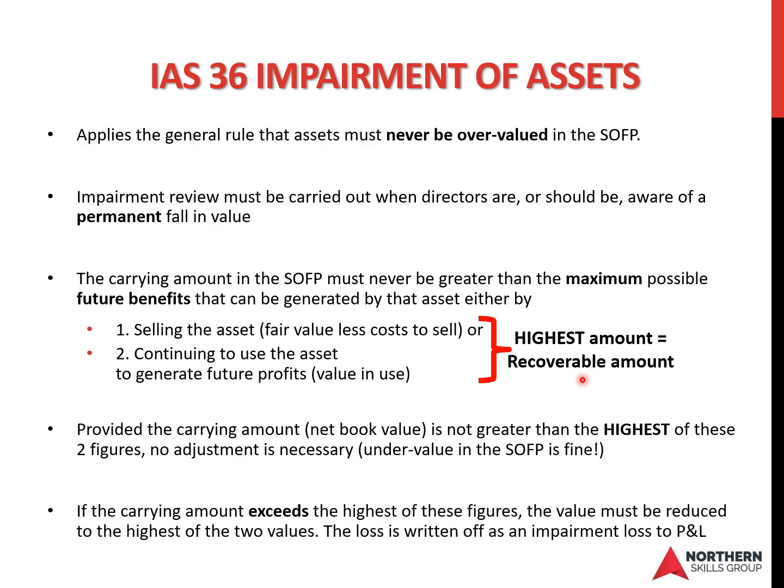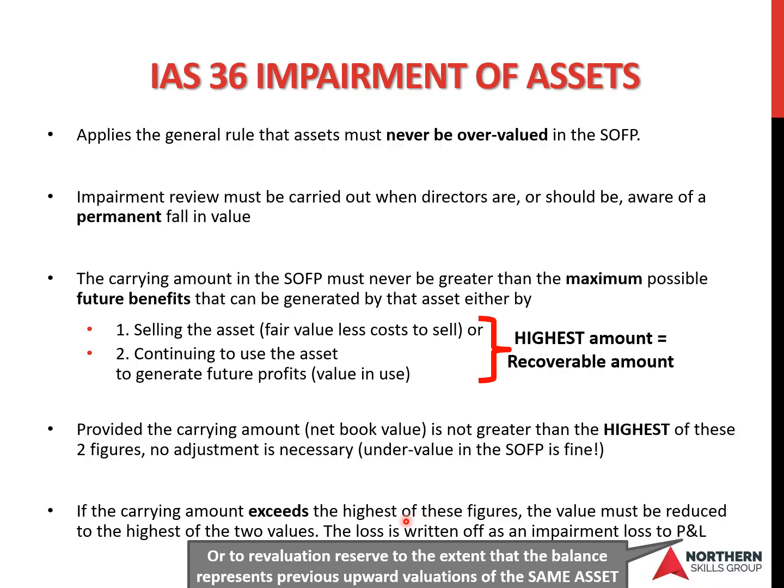If the figure in the balance sheet exceeds the highest of those two figures, then we've got to write it down to the highest of those two values, and the difference will be written off as an impairment loss to profit and loss.